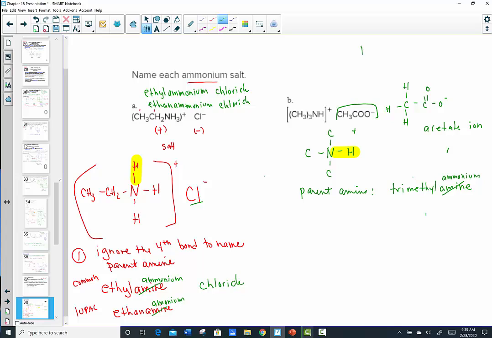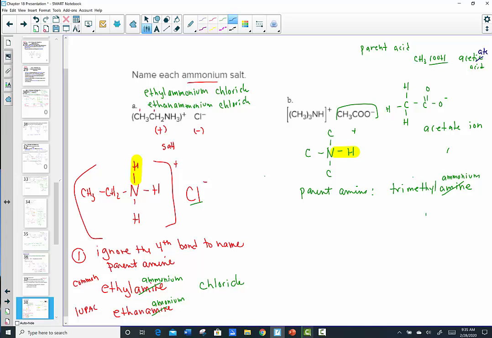And then I want you to just remember back to a previous chapter on carboxylic acids. CH3COOH, that's the carboxylic acid, it had a name of acetic acid. And we learned that you take off the ic and you put on ate when you're naming its negative ion.